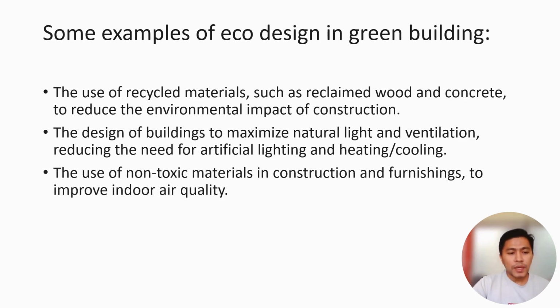We also need to use non-toxic materials in construction and finishing if we want to improve the indoor air quality of the building. This means that we use safe materials to ensure better indoor air quality within that green building.